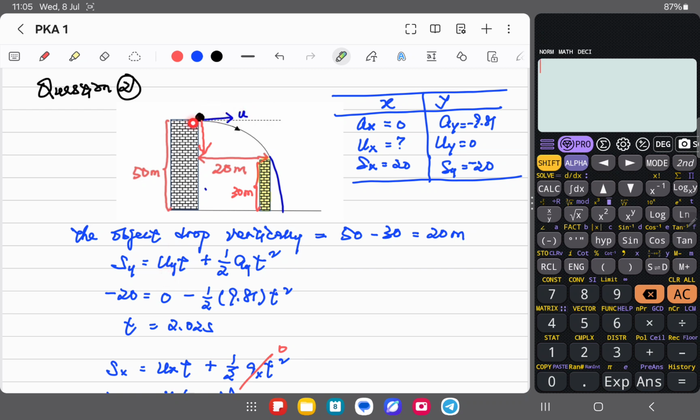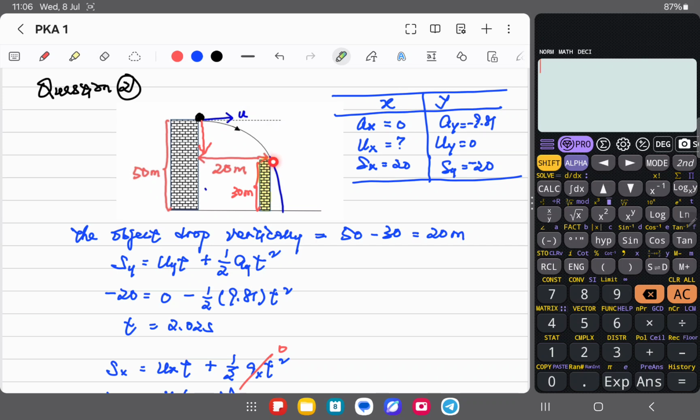Initially we don't have a y component for the initial velocity, so uy is 0. Acceleration ay is negative 9.81. So I obtain the time as it passes over the vertical wall is 2.02 seconds.